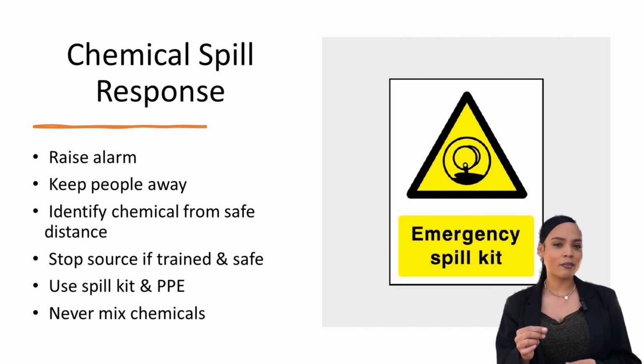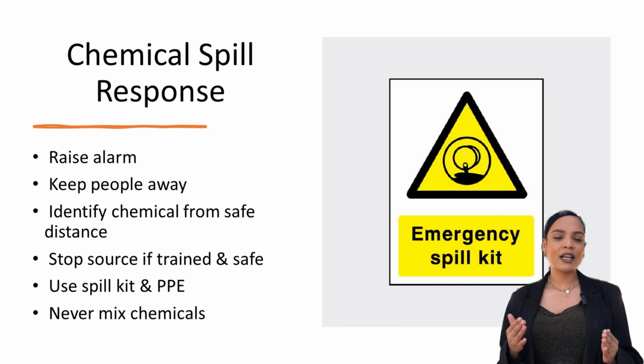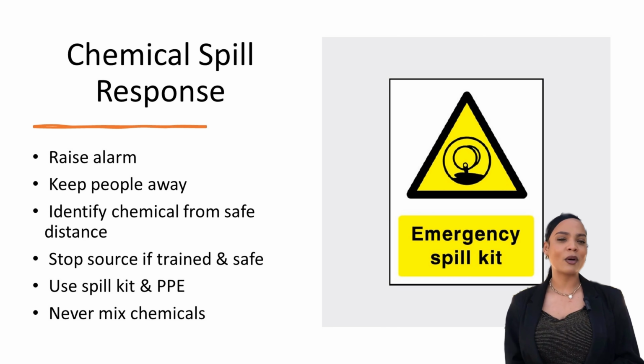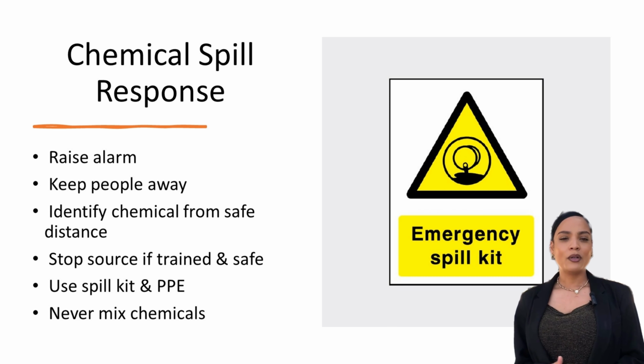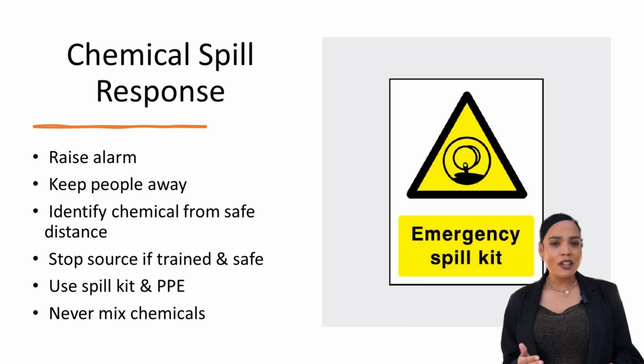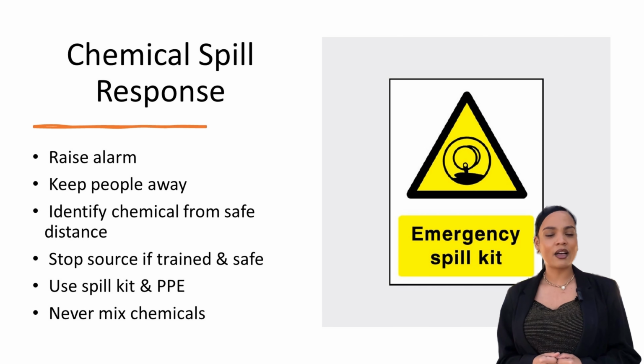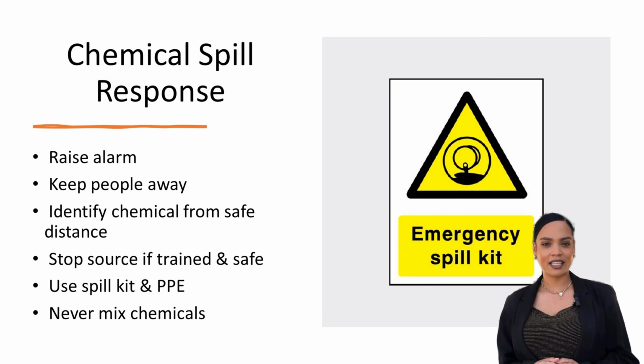I wear the correct PPE for the substance. I never mix incompatible chemicals. Ventilation matters. I avoid breathing vapors and I move upwind if outdoors. I report the spill according to procedure and support the cleanup team with information. Afterward, contaminated materials are disposed of correctly and the area is checked for residual hazards.